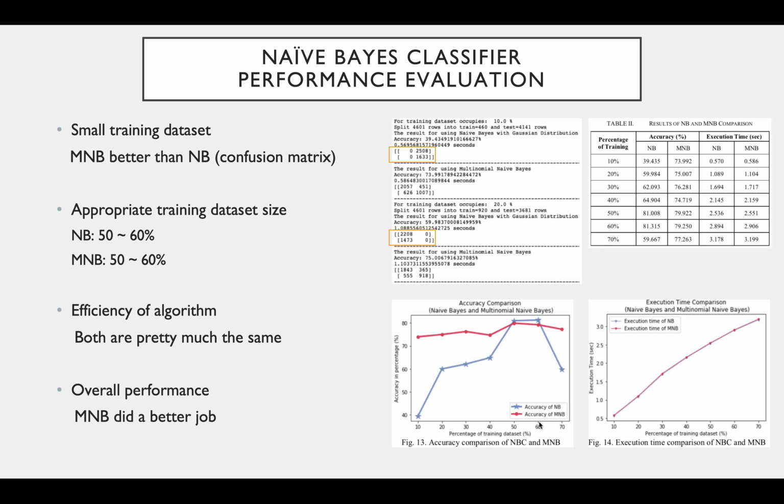When I use 10% or 20% as training data sets, we can see that the accuracy is far higher for the multinomial naive Bayes classifier than for naive Bayes. Also, the confusion matrix for 10% training data sets for the naive Bayes classifier has two zero values in the first column, and for 20% of training data sets, we also have two zero values in the second column.